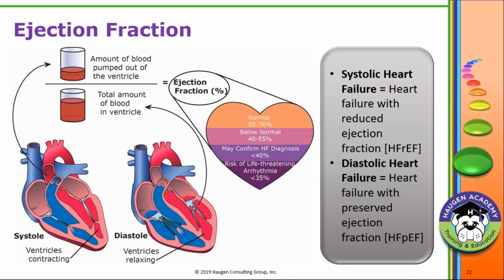And it's calculated with an equation of the amount of blood pumped out of the ventricle over the total amount of blood in the ventricle. In systole, you have the ventricles contracting, so they're pushing blood out of the heart. In diastole, you have the ventricles relaxing, so that the ventricle is filling.